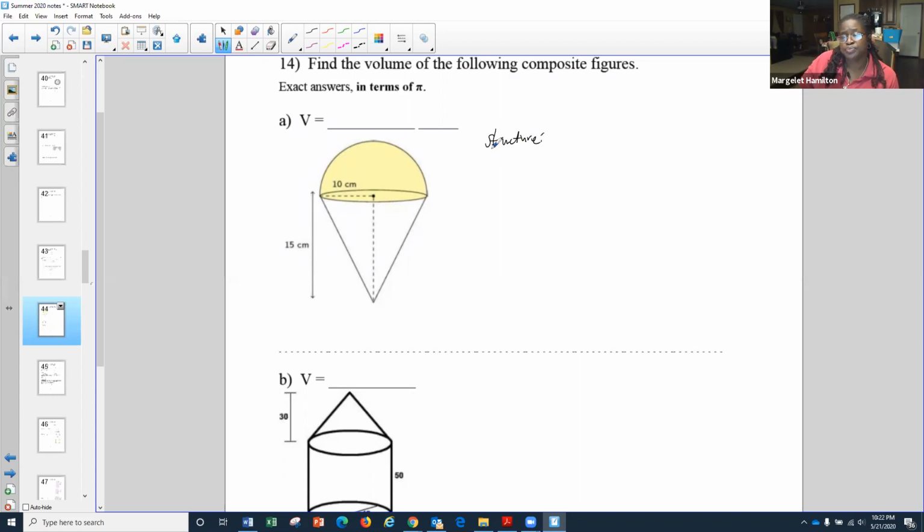Our structure. So we want to find the volume. We need to find the volume of a cone and then add that to the volume of 1/2 a sphere.